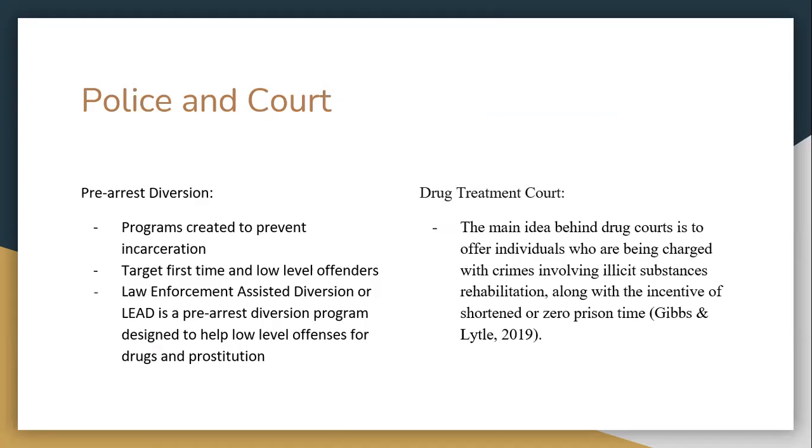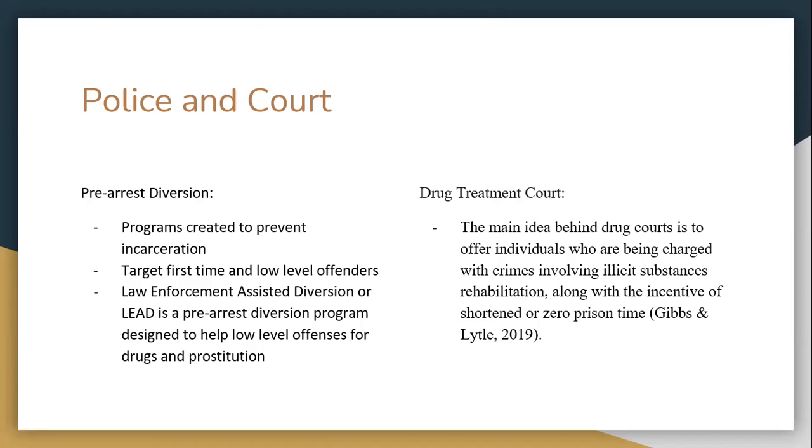Police and courts. Pre-arrest diversion programs are created to prevent incarceration or being charged for a crime at all. The target is first-time offenders or low-level offenders. One major example of a pre-arrest diversion program is law enforcement assisted diversion, or LEAD.